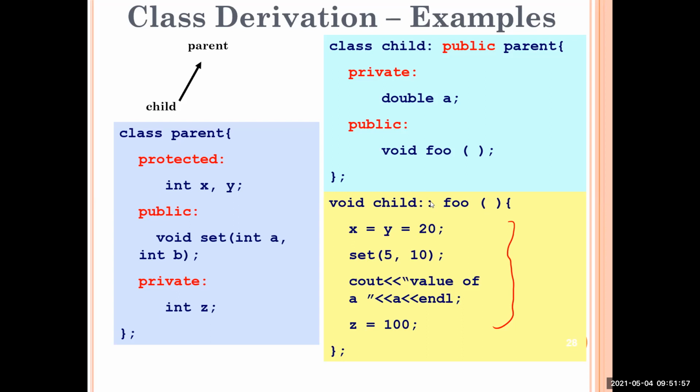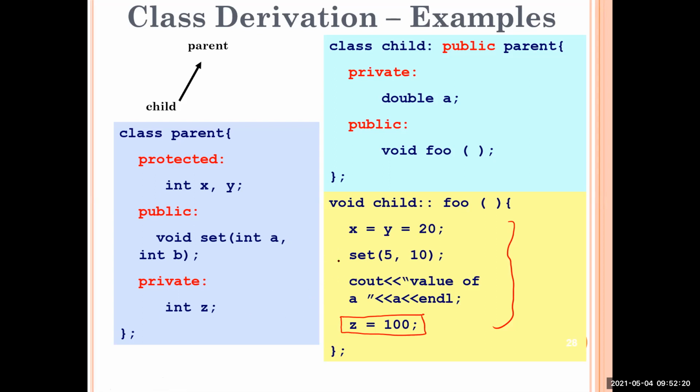Can you identify if everything is fine in this function, or if there's some issue with it? Sir, Z cannot be accessible here. Okay, and what is the reason for that? Because it is in the private section of the parent. Yes, very good.